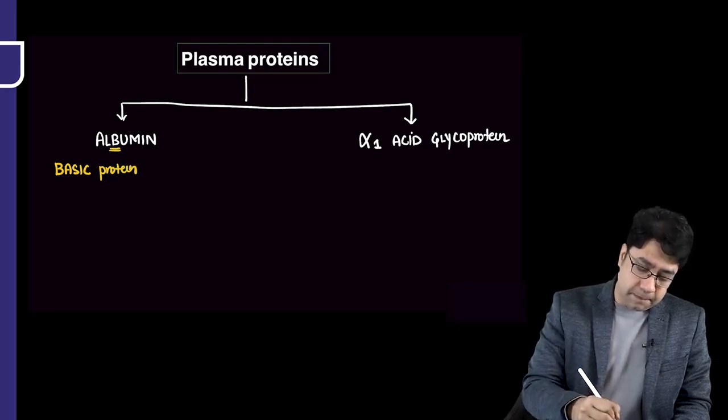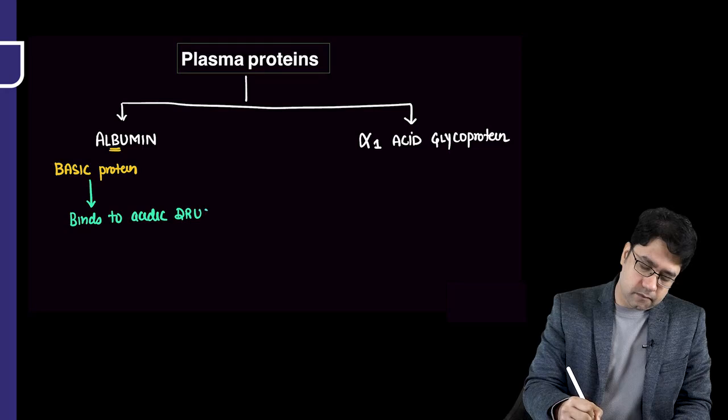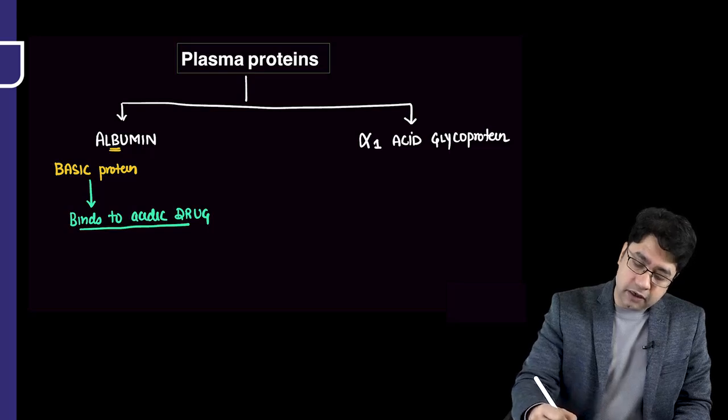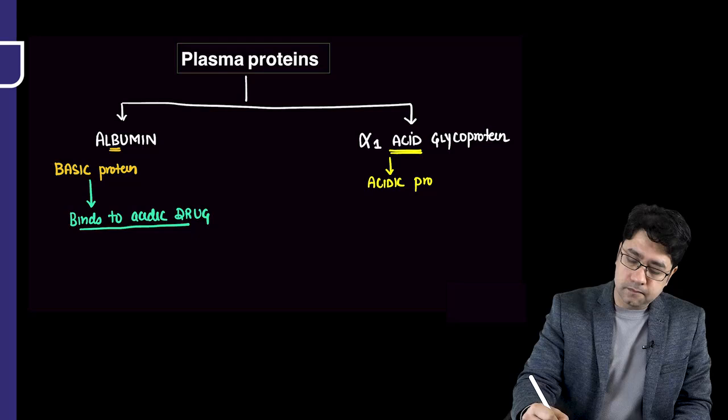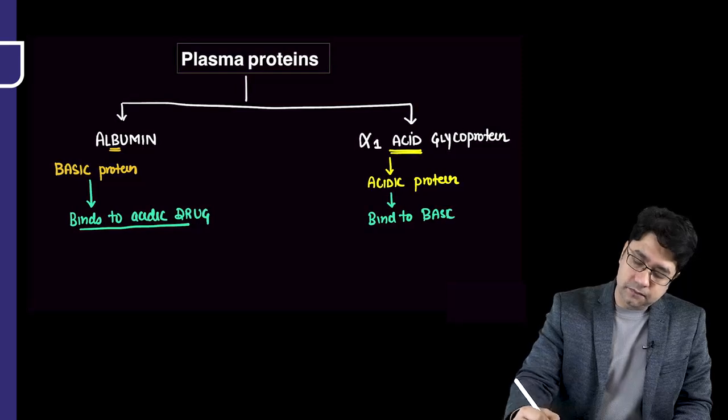Hence albumin binds to acidic drugs in blood. In alpha 1 acid glycoprotein, you can see the word acid. So it is obviously an acidic plasma protein, and hence it will bind to basic drugs in our blood.